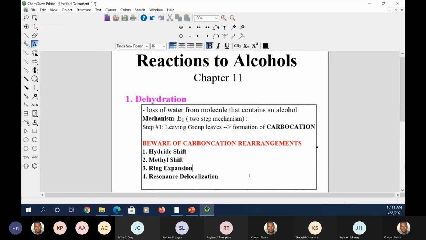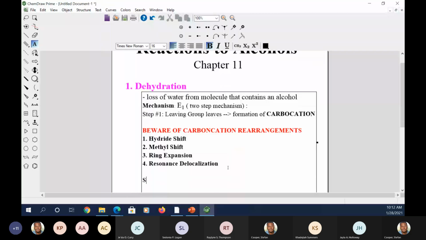What's the second step in an E1 mechanism? Remove a proton.